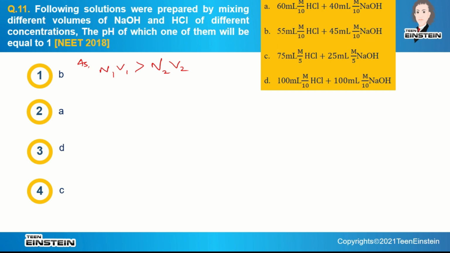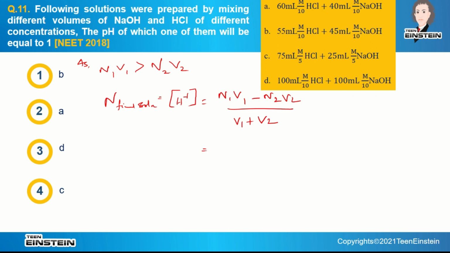So the equation will be: the final H plus ion concentration is equal to N1V1 minus N2V2 divided by V1 plus V2.